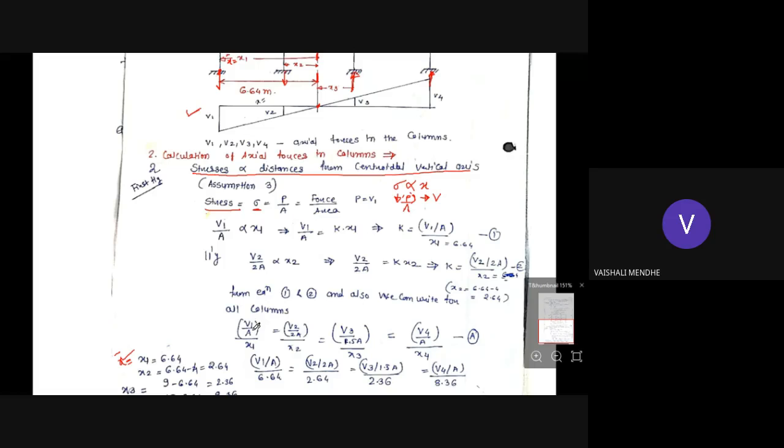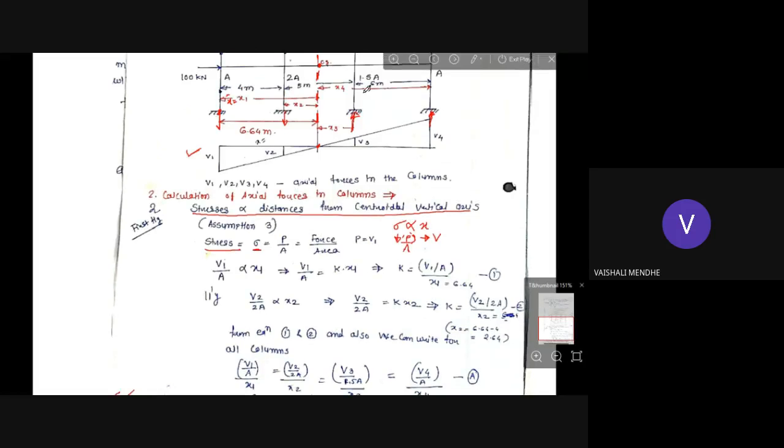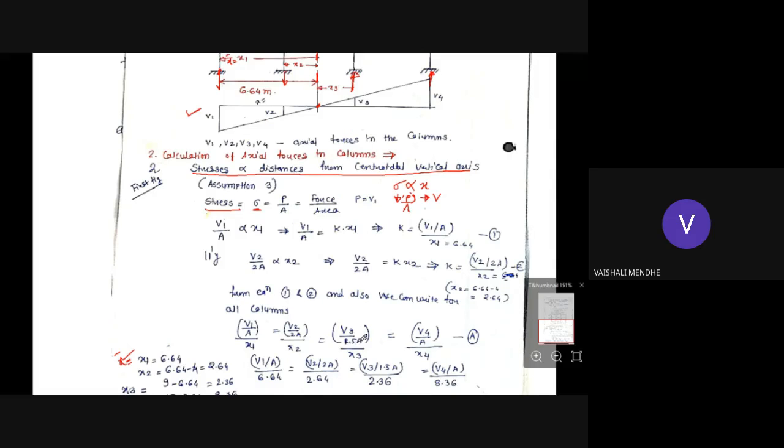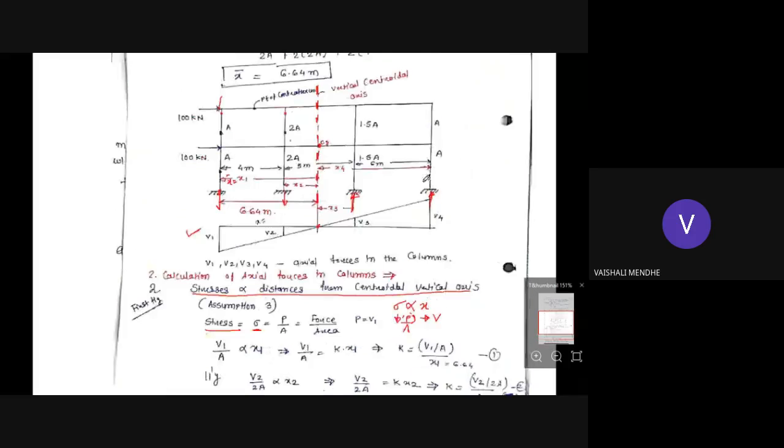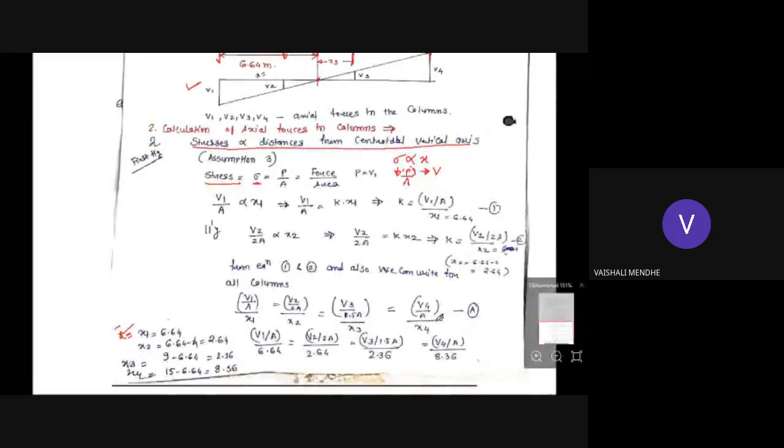So you write this for all columns: V1 by A divided by x1, which is equal to V2 by twice A divided by x2. Similarly, it is equal to V3 by 1.5A divided by x3, equal to V4 by A divided by x4.